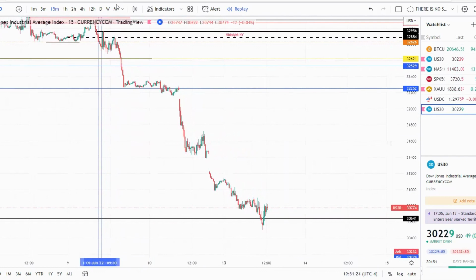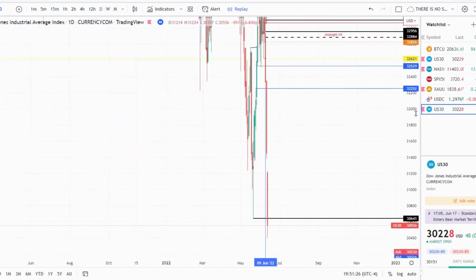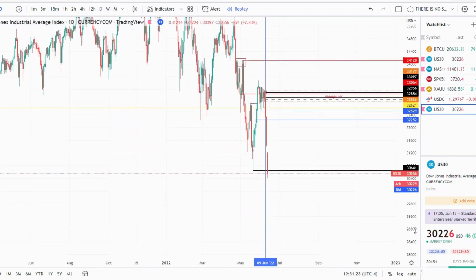Market comes down for what, guys? That previous day's low. And this is how I tackle US30 and mostly all three indices. This is my strategy. This is my everyday strategy.